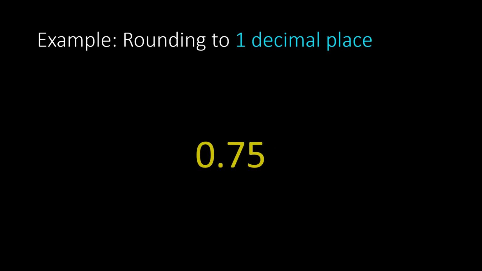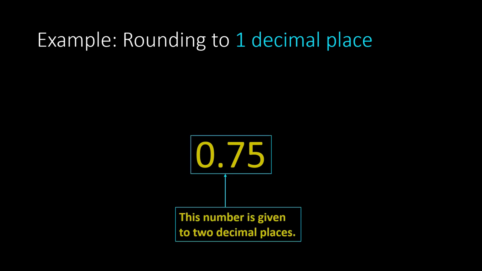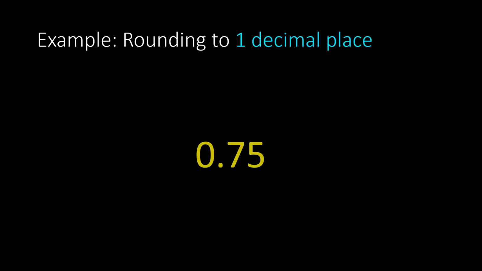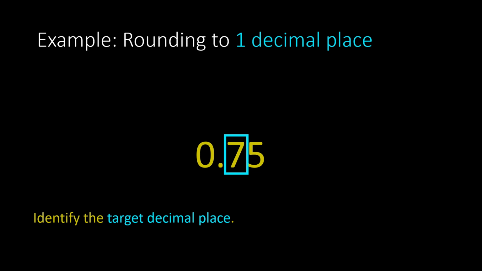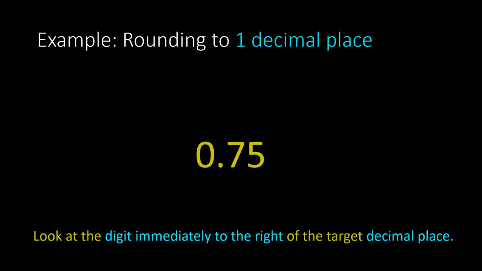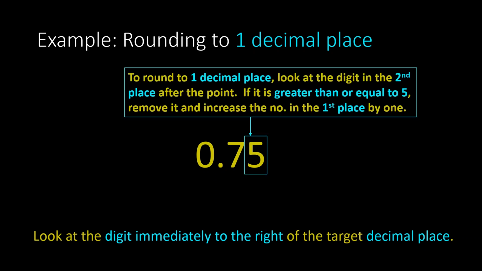Now let's take a look at this example. We are required to round 0.75 to 1 decimal place. This number is given to 2 decimal places. But of course we want to give it as 1 decimal place. We identify the target decimal place, which is highlighted here, and then look at the digit immediately to the right of the target decimal place.